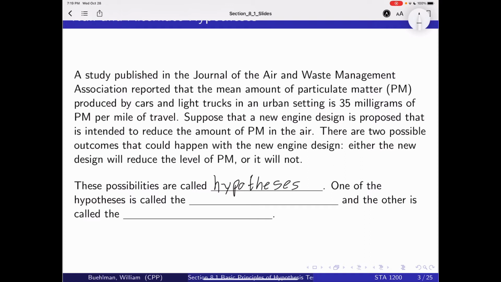One of the hypotheses is called the null hypothesis. And the other is called the alternative hypothesis.